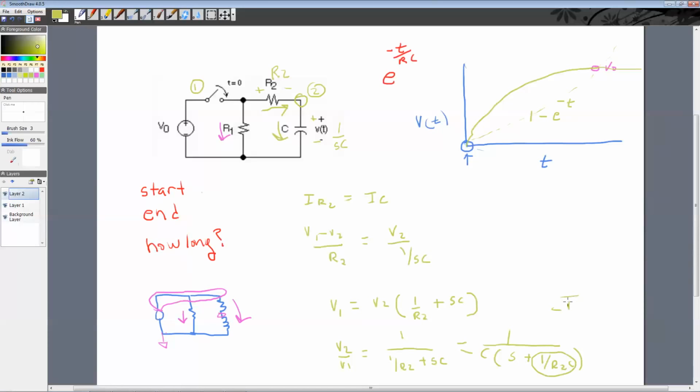Minus 1 over R2C. So that 1 minus e to the minus t over R2C times V naught.